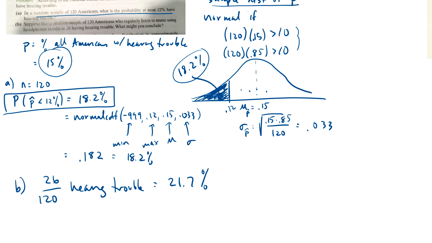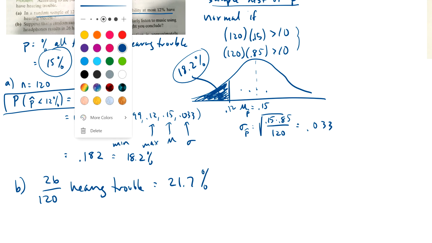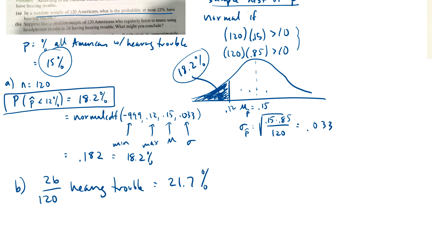Well, let's look at this. Actually, I'm just going to use the same picture and I'll just change it to orange. So now we're up here at 21.7%. So what's the chance that I get a sample of 21.7% or more that have hearing problems? What's the probability that P hat is over 0.217?